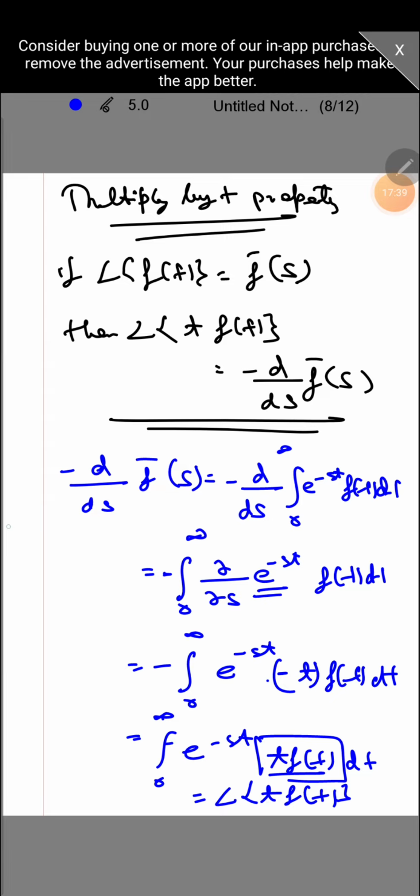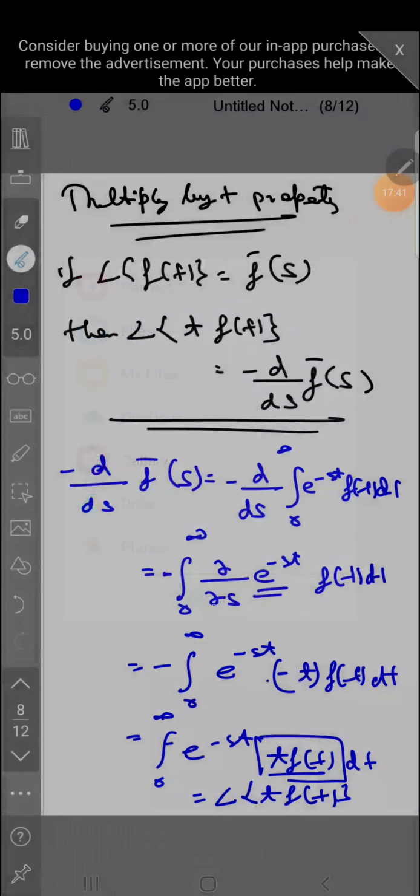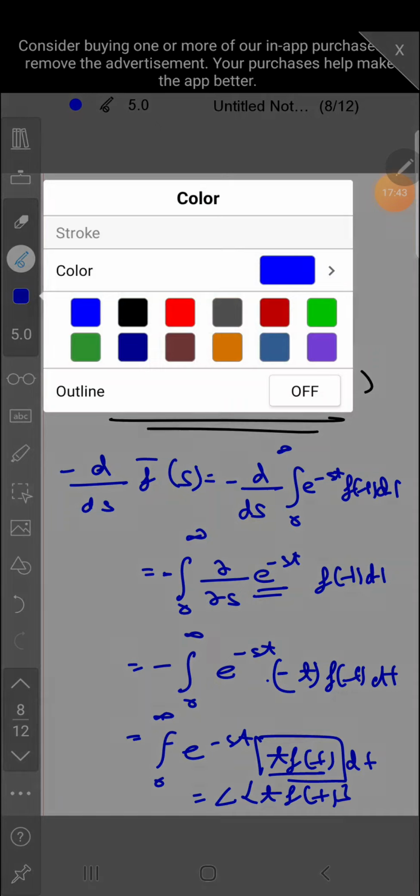So let's take the next one we have. The next one is the divide by t property.